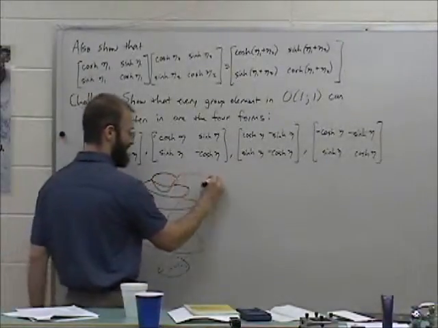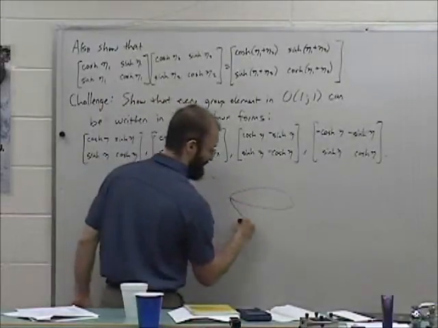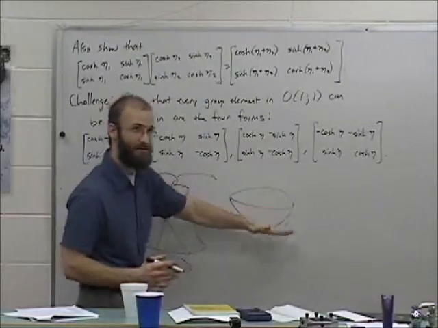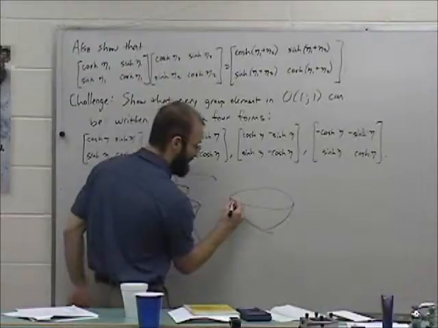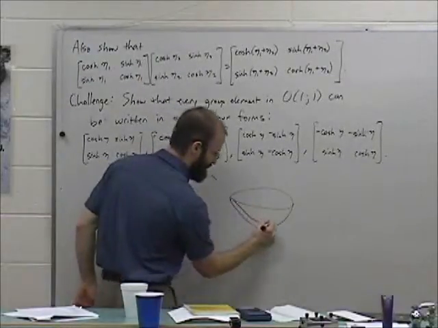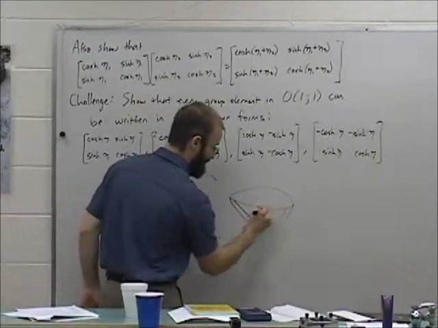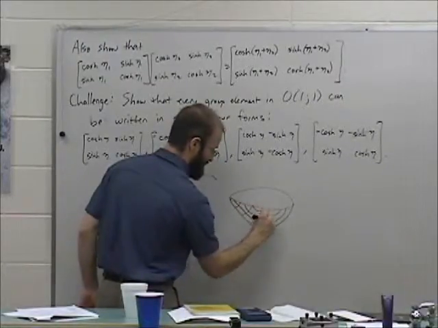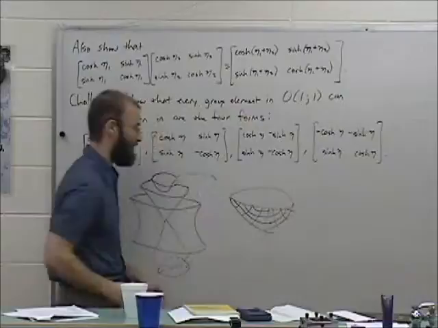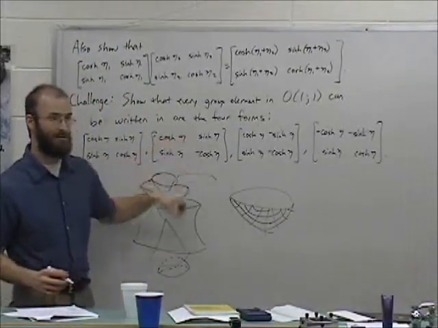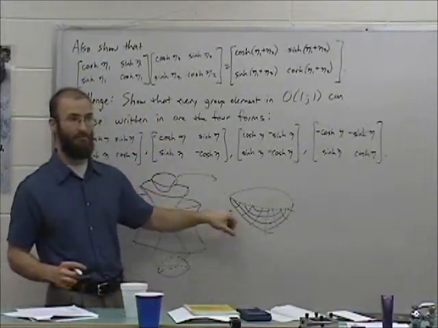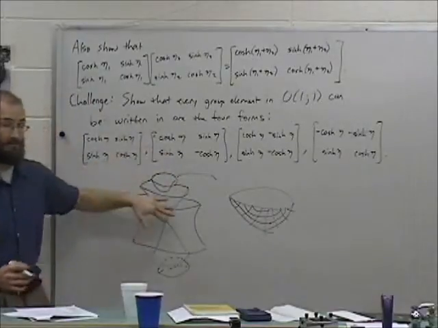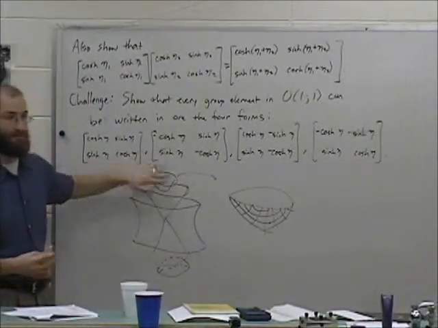If I just take this and blow it up, you get some bowl. You should think of a bowl. You can actually get really nice coordinates that run on that bowl. That's what these cinches and coches give you, is a coordinate system on one of these sheets.